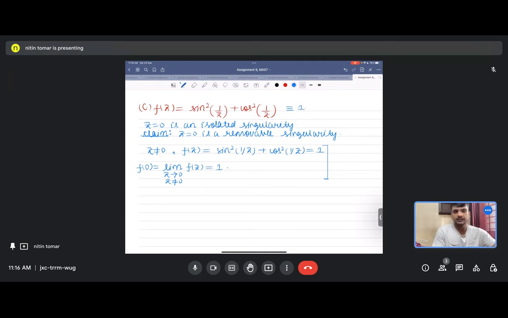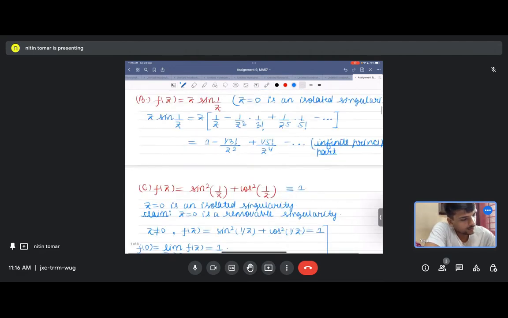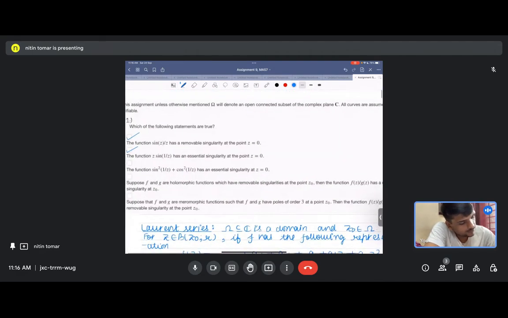Is this clear? Yes, sir. Okay. Now, this option is false. So this option is not correct. This option is correct, this option is correct, whereas this option is false.